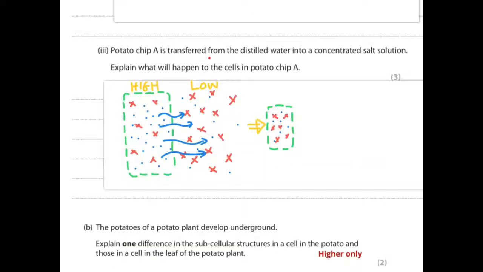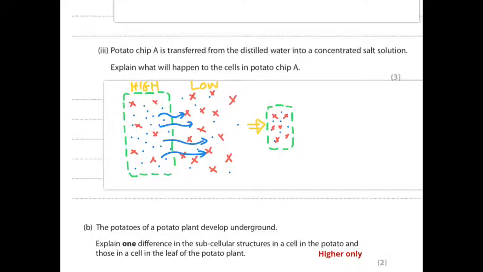Potato chip A is transferred from the distilled water into a concentrated salt solution. That means water with a lot of salt dissolved into it. Explain what will happen to the cells in potato chip A. So this is the situation. We've got a chip here, or a cell from our chip, and we can see that these little crosses are salt molecules and the little blue ones are water molecules.